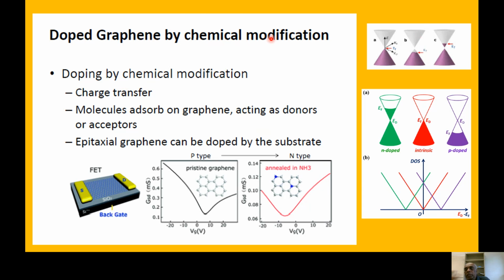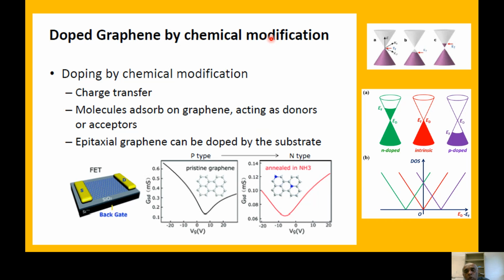That was mostly doping by an electrical gate, but you don't have to do it that way. You can even do it chemically, right? If I introduce some chemical agents, there are things like electron donors and electron acceptors. Electron donors donate electrons to graphene.